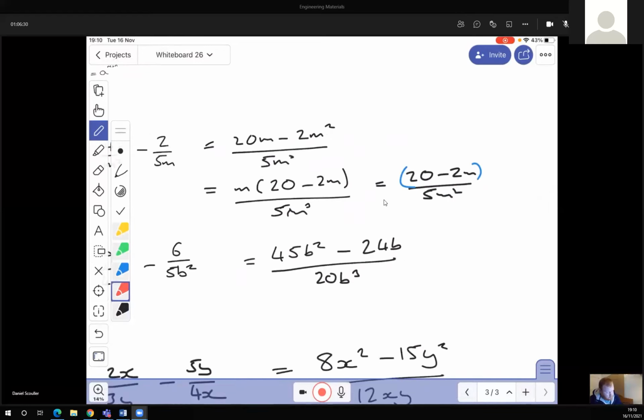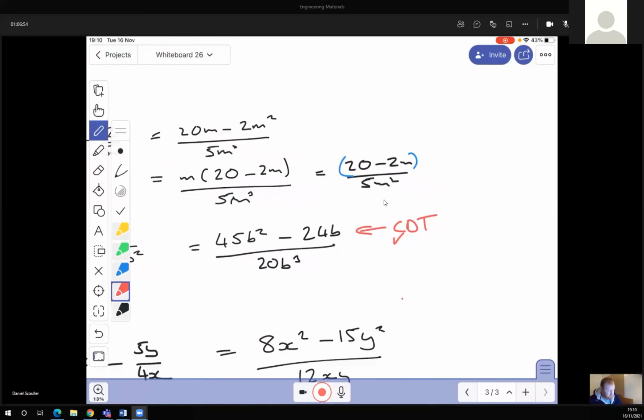You'd have to look at that top line and say, can I simplify that down any more? Walk through your CDT process, and the first one you come to would be a common factor. What's a common factor? There's no common factor when it comes to the numbers. We can't simplify 45 and the 24, but there is a common factor when it comes to the letter. We can take a common factor of that letter out.